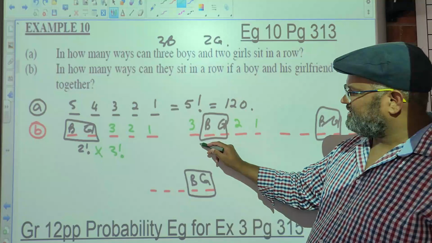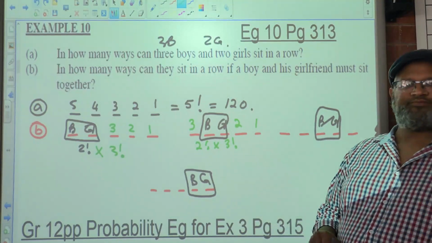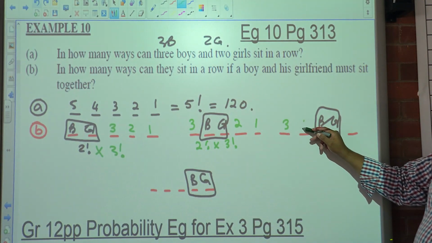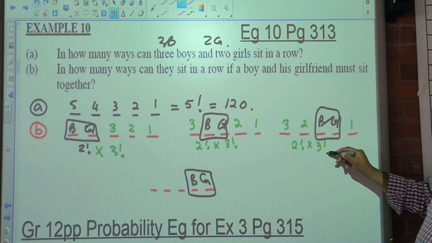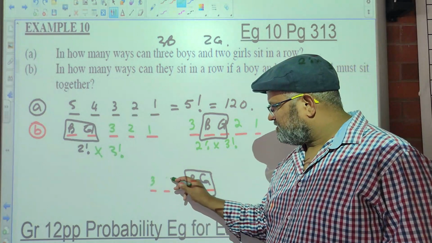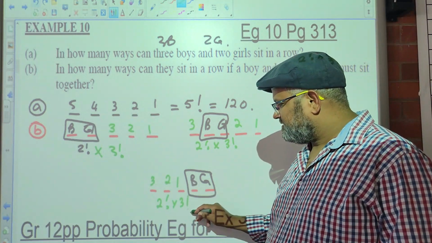So this is going to be 2 factorial times 3 factorial. How many options do I have here? 3, 2, 1. So it's going to be 2 factorial times 3 factorial.